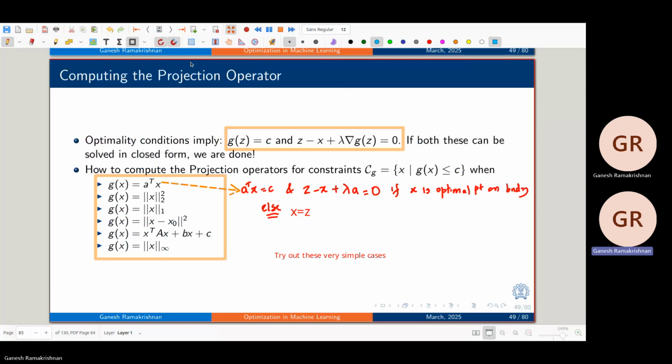That means x is z plus lambda A. So either you have A transpose x is C and x is z plus lambda A, else x is equal to z, which means it's within the constraint.